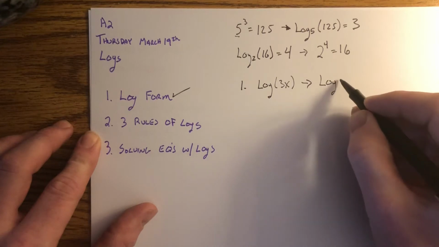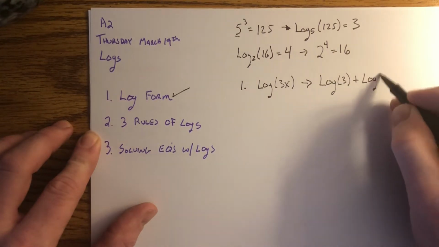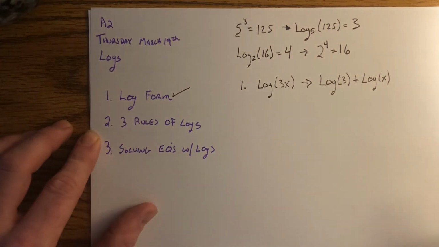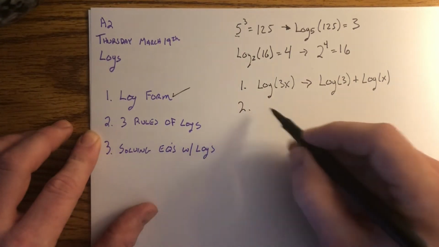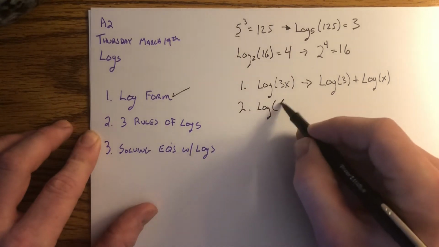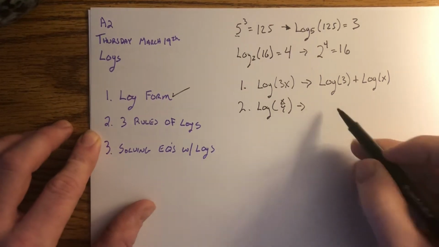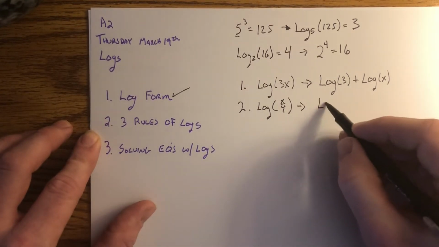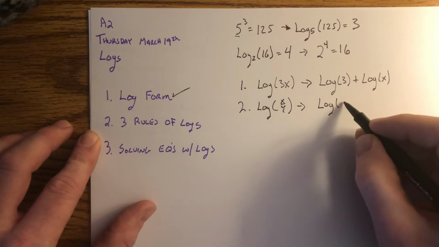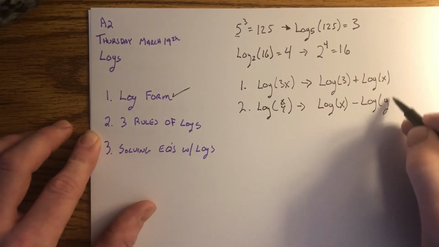So it'd be log base 3 plus log base x. Same thing goes for division. So if I had log of x over y, division with 1 log is going to be subtraction with 2 logs. Log base x minus log base y.